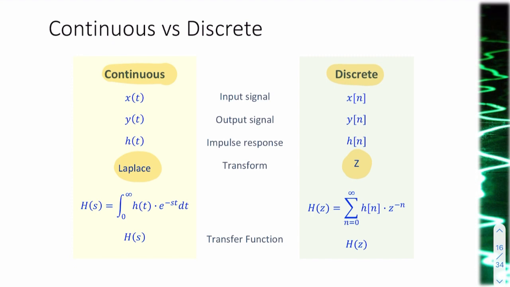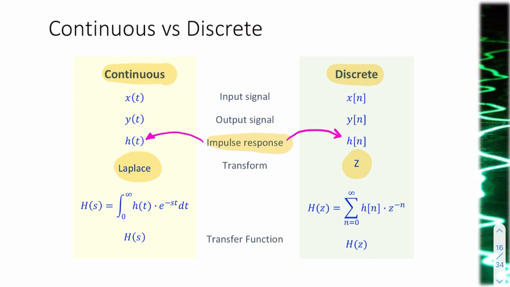So x of t, or if we look at h of t, that'll give you h of s, and h of n will give you h of z. The impulse response, we called it h of t when we were talking about continuous time signals and systems. We'll call it h of n when talking about discrete time signals and systems.